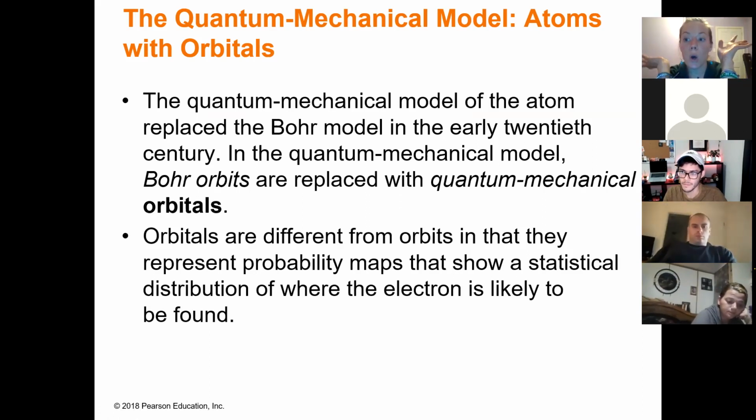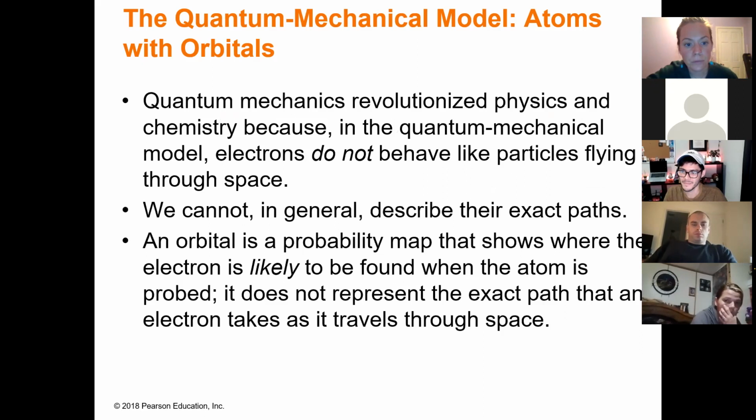We don't actually know where the electron is. We can't know the location and the velocity of the electron at the same time. It's impossible. And if you're like, why is it impossible? Because that's some high level physics stuff that I can't really explain. You have to go get a career in physics if you want to start getting an explanation for that. But for now, what we're going to say is that there's just a cloud, an area or a lobe where we think the electron is probably hanging out.